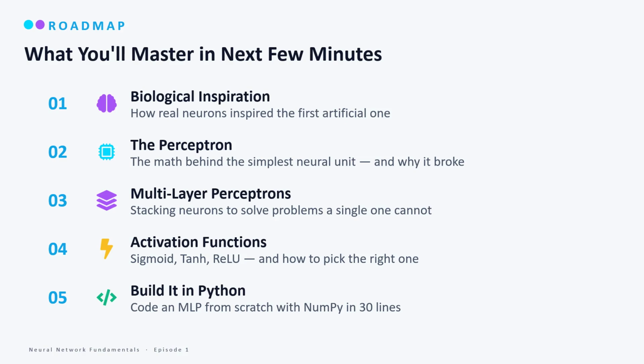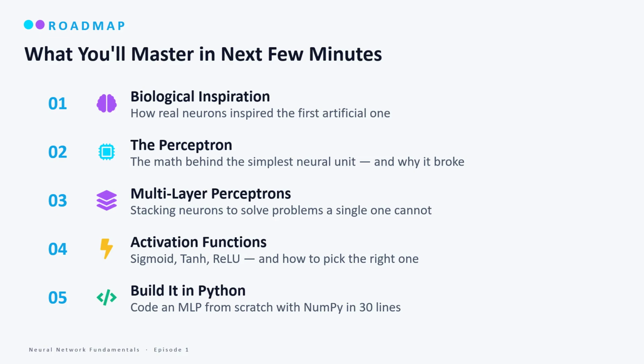Let me show you. Here is exactly what you will master in the next few minutes. 1. How real neurons in your brain inspired the artificial one. 2. The Perceptron, the simplest neural unit ever, and the bug that almost killed AI in the 60s. 3.